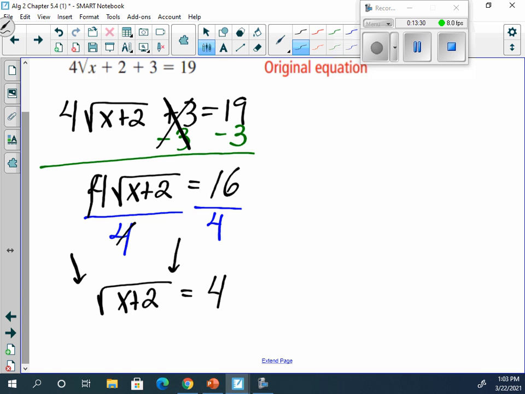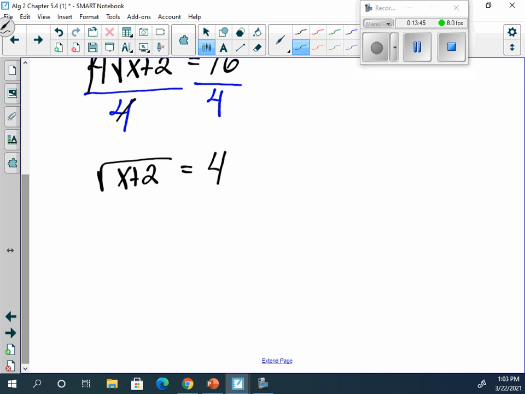It's very tempting to say because of that plus 2 inside, we can subtract it. But because it's inside the radical, we're not going to worry about it yet. We have gotten the radical by itself, which means we can move on to step number 2. So we can put both sides to the what?